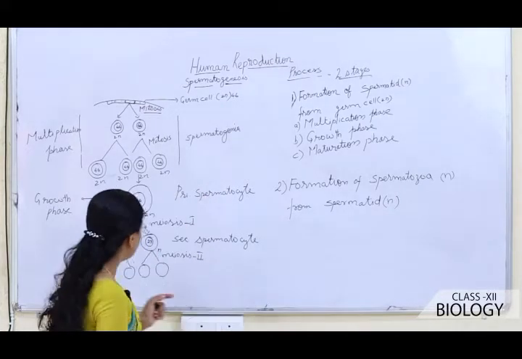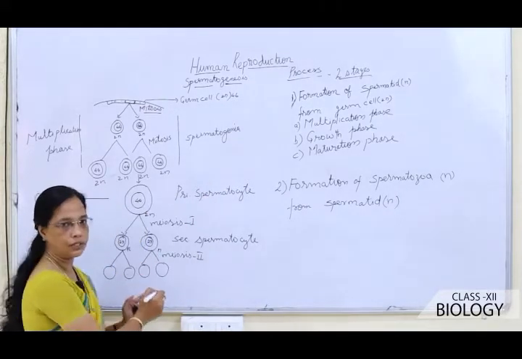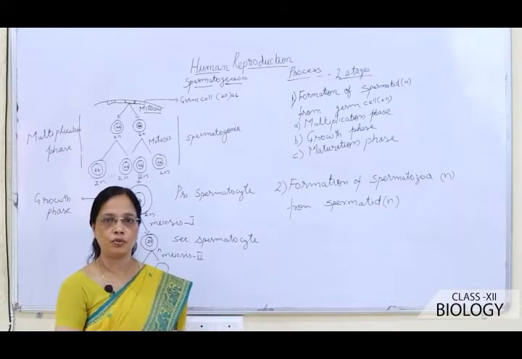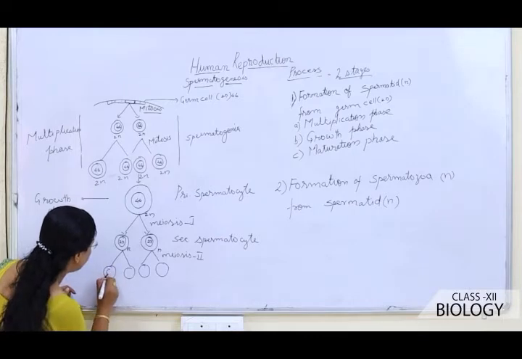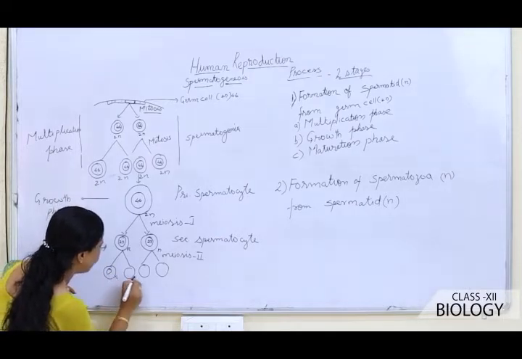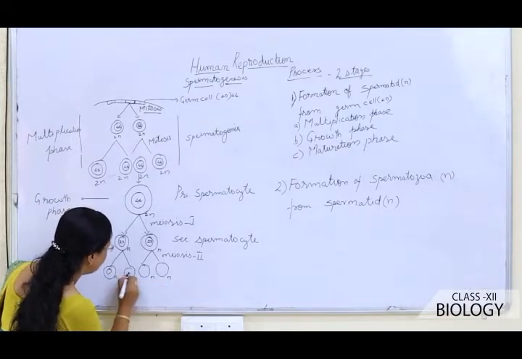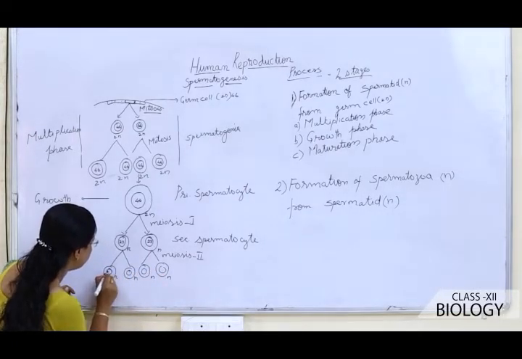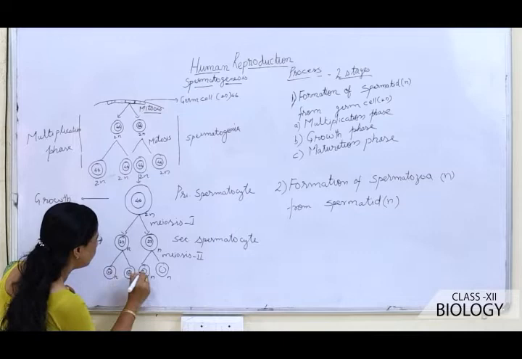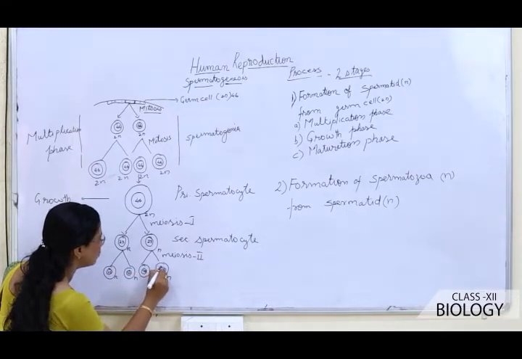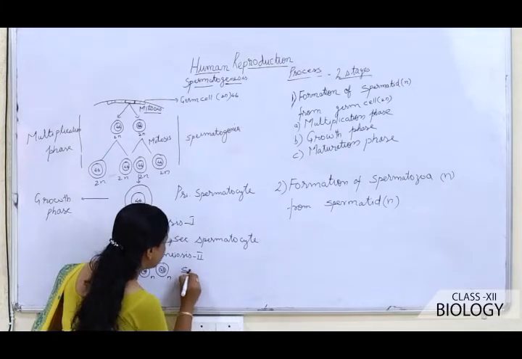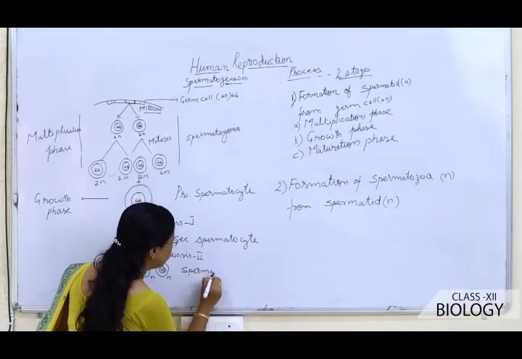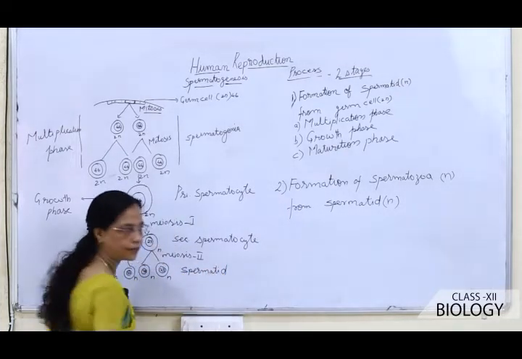So as it is an equational division, the same number of chromosomes reaches the daughter cell. So it will have the haploid number of chromosomes. The daughter cells will have 23, 23, 23, 23 chromosomes. That stage is known as spermatid.